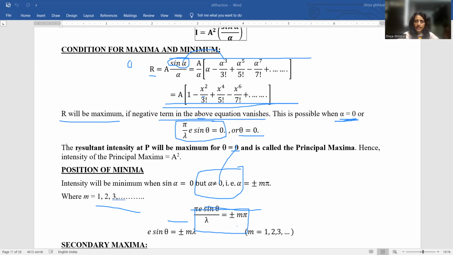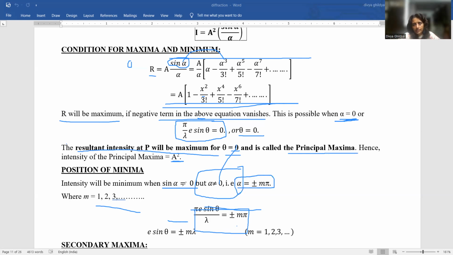You remember, alpha we had taken as pi e sine theta by lambda equal to 0, or theta equal to 0. So the resultant intensity at P will be maximum for theta equal to 0, and it is called the principal maxima, and the intensity of the principal maxima equals A square. For minima, sine alpha will be equal to 0, but alpha cannot be 0, that is alpha equal to plus minus m pi.